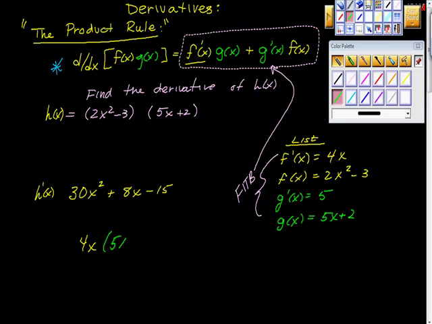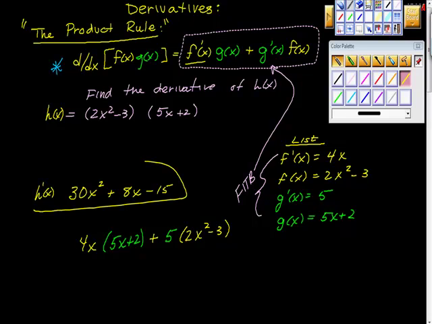It says we're going to add, so there's that plus sign, g prime of x, which is 5, times f of x, and we know that f of x is 2x squared minus 3.